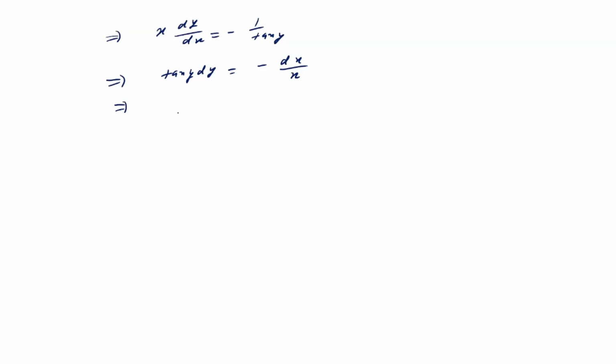Okay, so integrating both sides. You see each and every term you will get in terms of log. So we will consider our tan y dy is equal to minus integration of dx upon x.